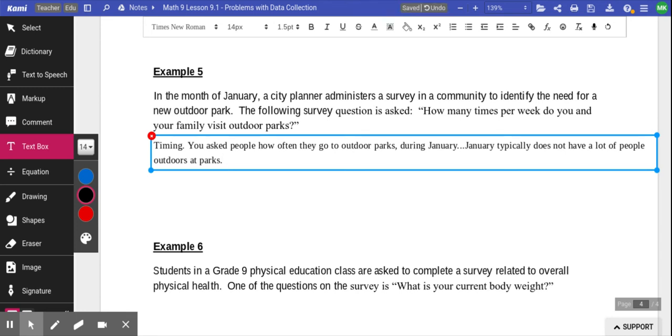It'd be like asking how many people right now are using the beach at Sylvan Lake. Well, no one's using the beach in January, but if I asked you in July or August how many people are using the beach or how often per week, you would probably have a way higher result. So the timing of this question is significant to getting the results that you wanted.